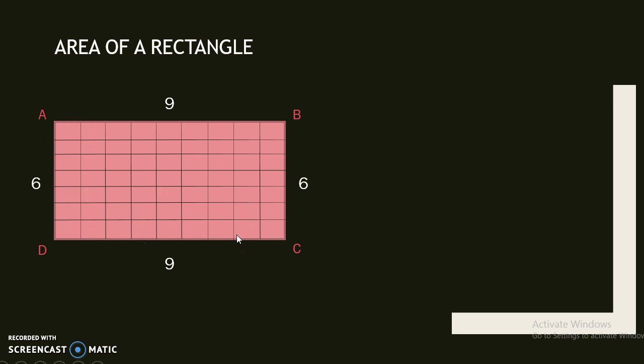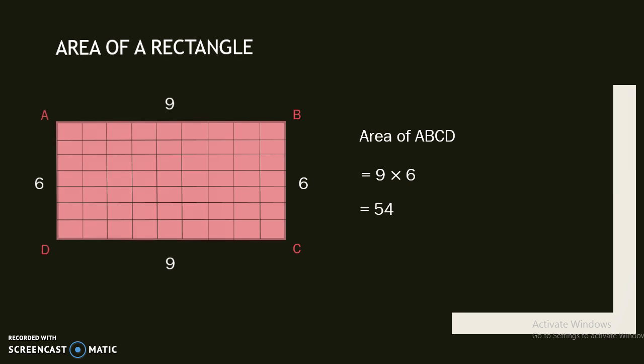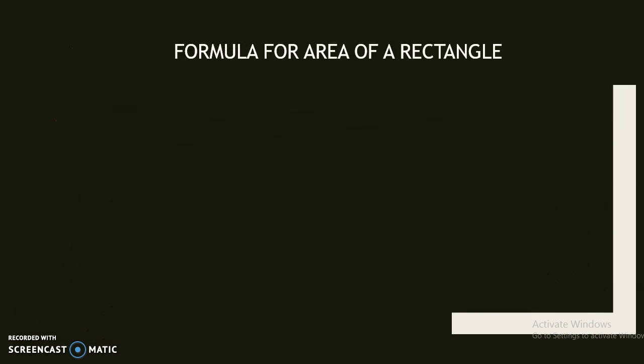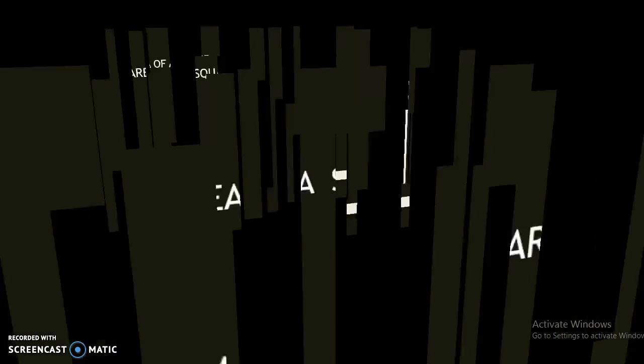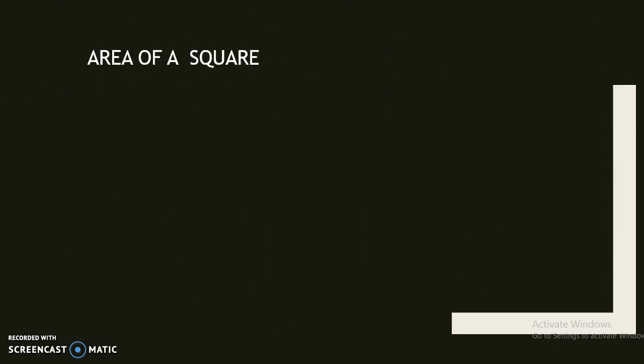What can be concluded here is that the square units can be obtained by multiplying the length and the width of the rectangle, which is 9 multiplied by 6, equal to 54. The formula for calculating the area of a rectangle is A multiplied by B. Next, area of a square.